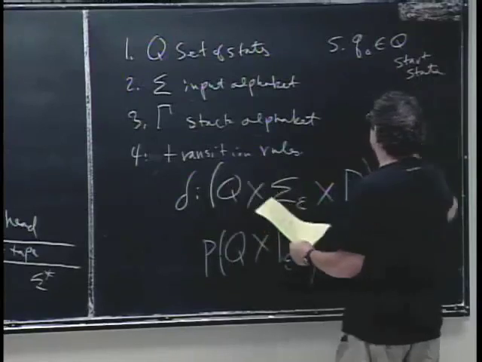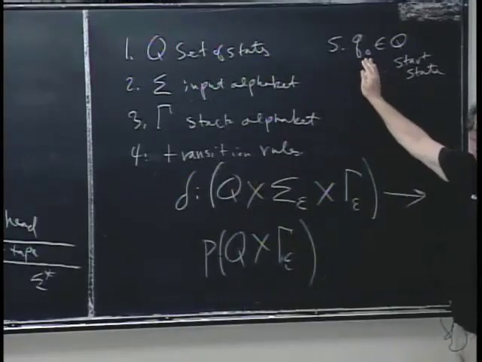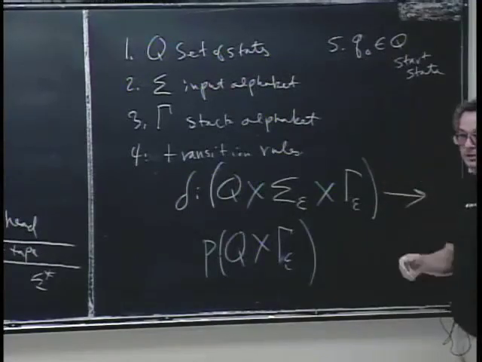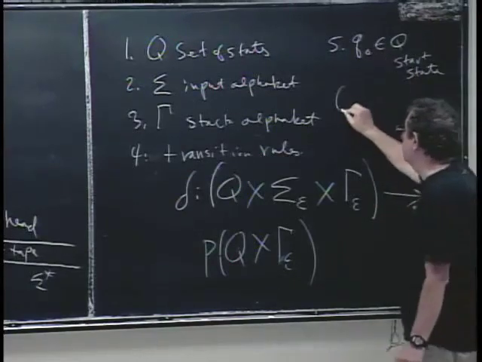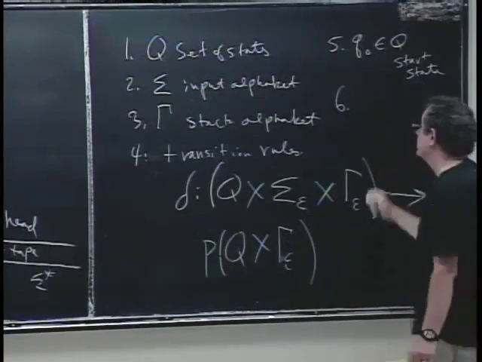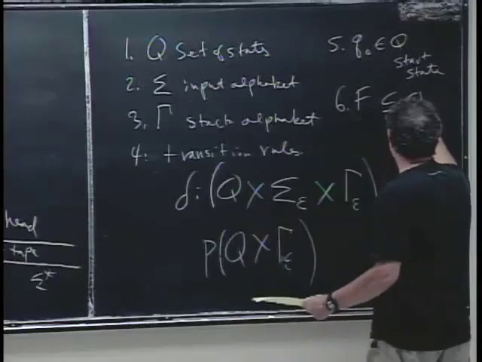I think the book is very inconsistent. Sometimes they use q0 for the start state, and sometimes it's something else. It doesn't really matter as long as you specify what the state is, but their general notation seems to vary. And then we need the accept states, or the final states, and that's a subset of Q.